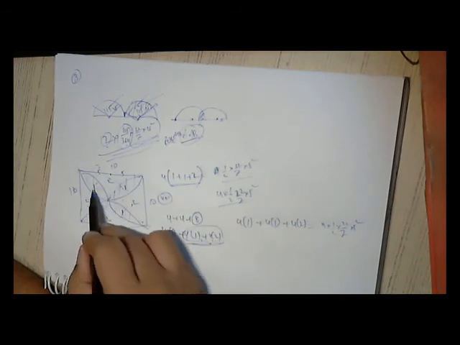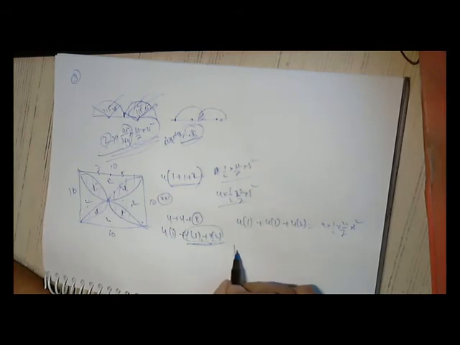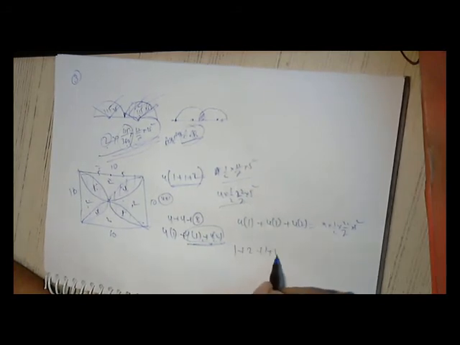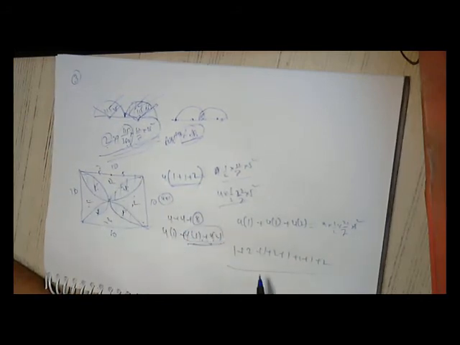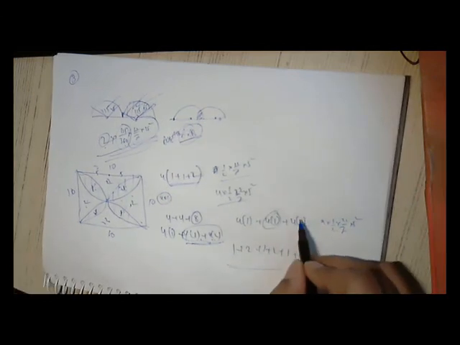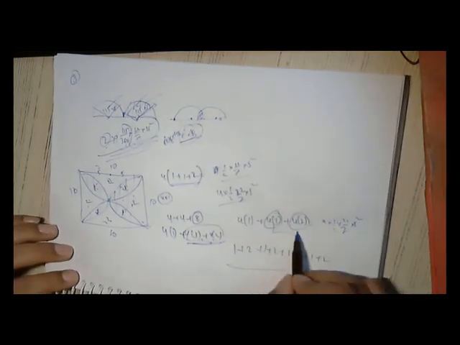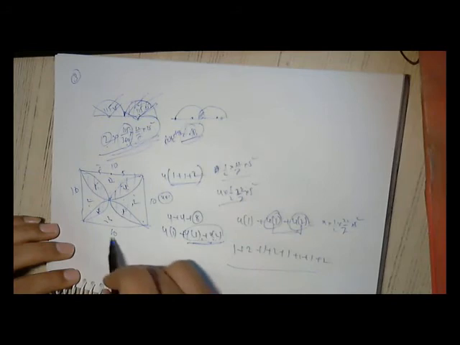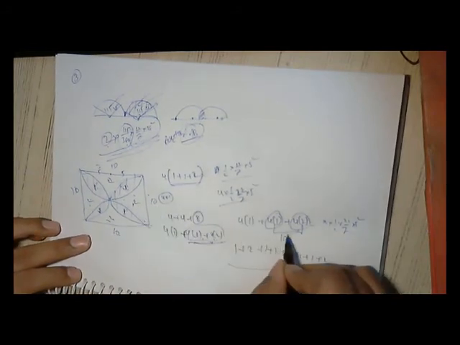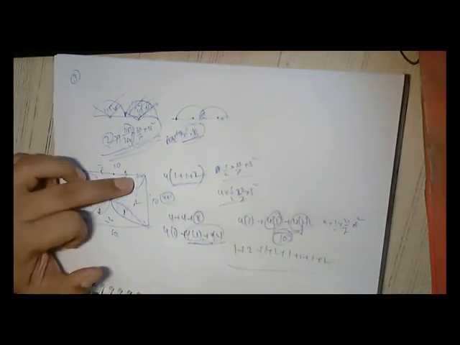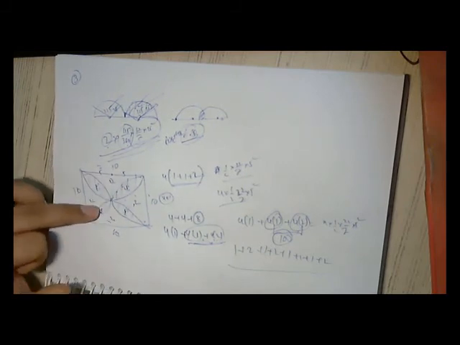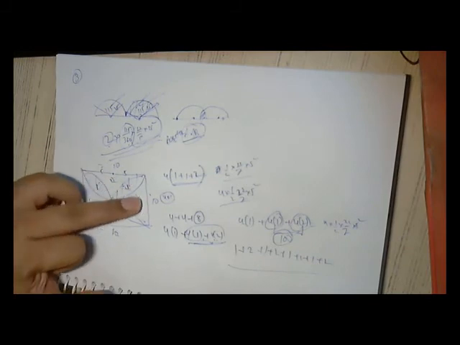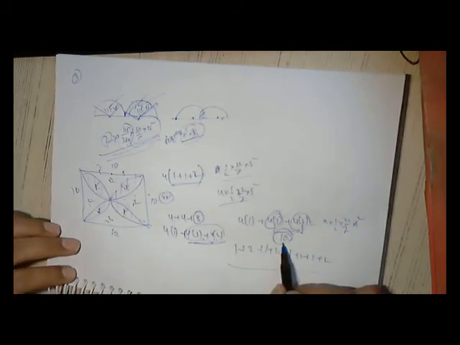If I want total area: 1 plus 2 plus 1, plus 2 plus 1, plus 2 plus 1, plus 2. 4 ones plus 4 twos can be replaced by 10 into 10, 100. This is total area, and I am replacing total area as 100.